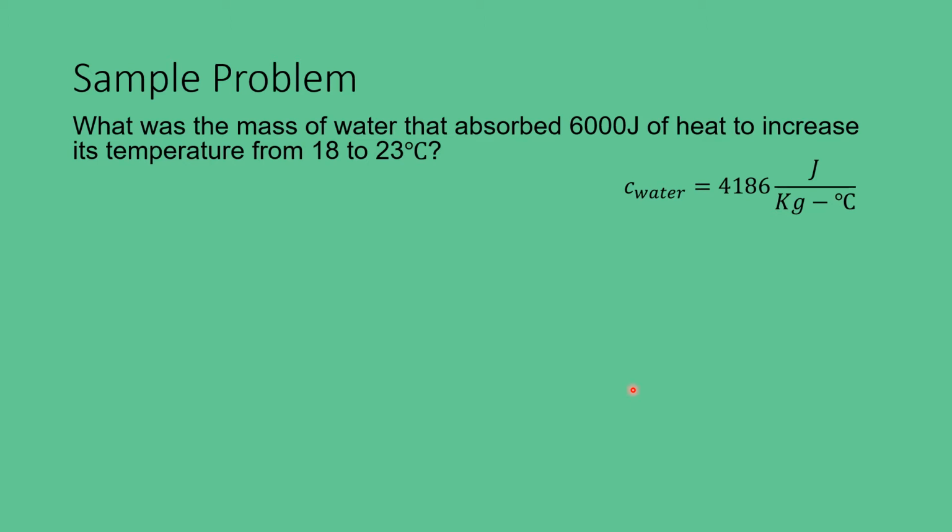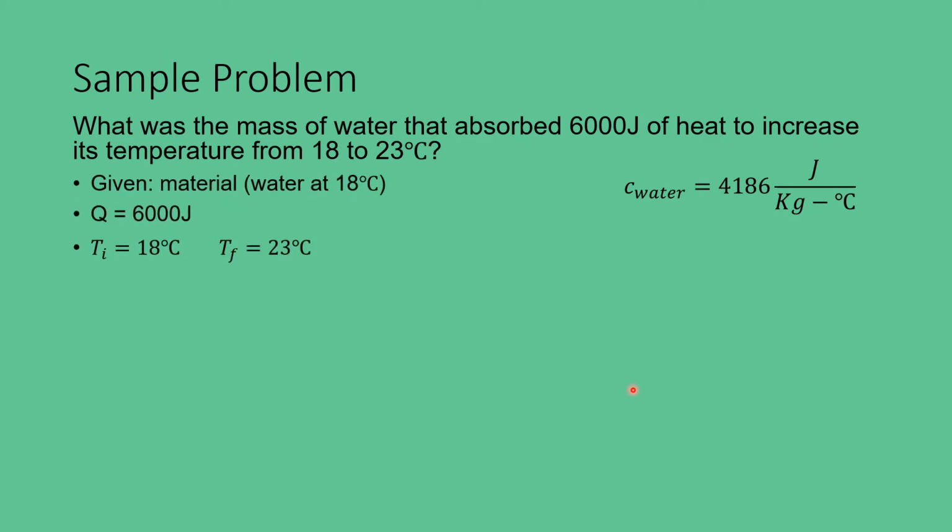So first, let us identify the given. The material is water at 18 degrees Celsius initially. The amount of heat that water absorbed is equal to 6,000 joules, and the change in temperature is from 18 degrees Celsius up to 23 degrees Celsius.